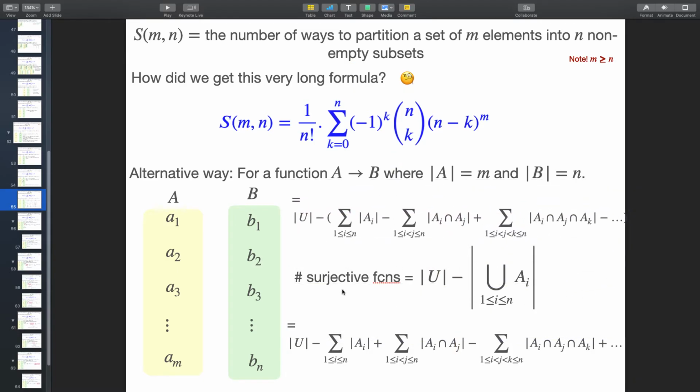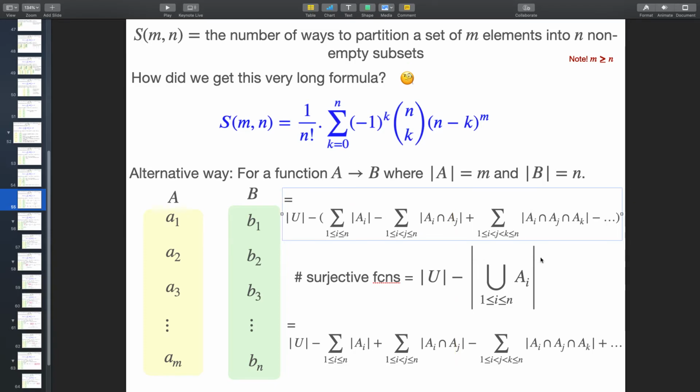Yan. So, galing dito, gamitin natin yung generalized principle of inclusion and exclusion para makapunta tayo dito. Right? And then, bali, i-distribute lang natin yung negative sign sa labas so that we'll have this.